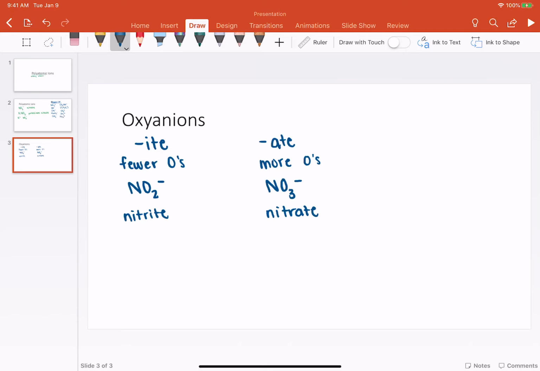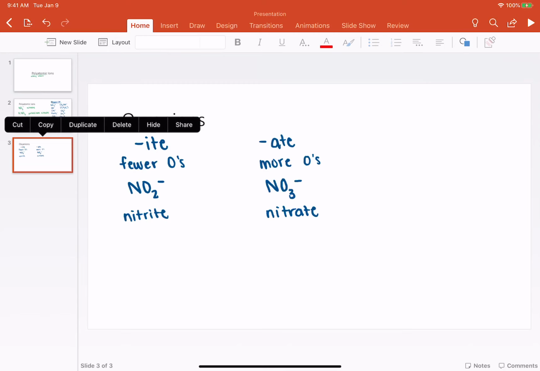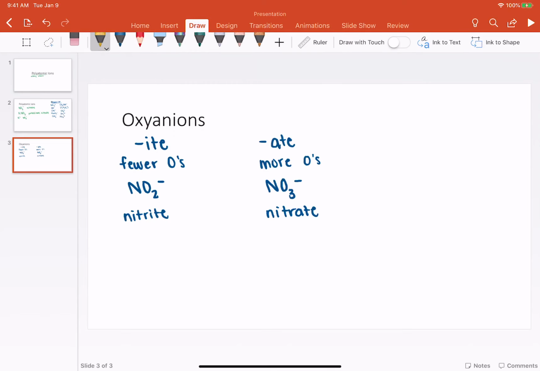But what if there are even fewer oxygen atoms in these polyatomic ions? This is where we are going to add some prefixes. We might have hypo plus the base plus ITE. And that is going to be less than whichever one has fewer.